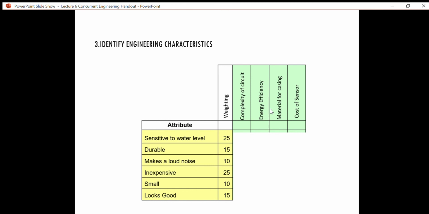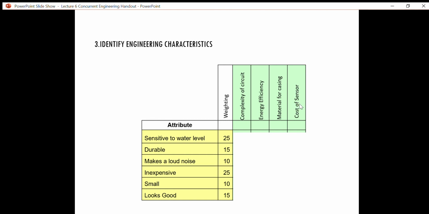And then material for casing, we also consider as an engineering characteristic, because when we make a durable product, a small, good-looking one, we need to consider the material and the casing we use, because all items like the sensor and the circuit board are inside the casing.